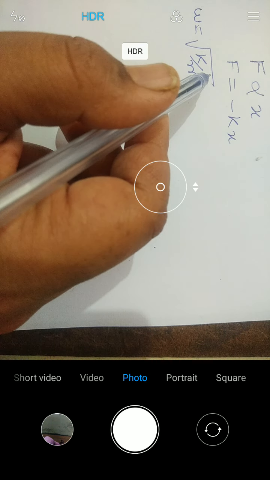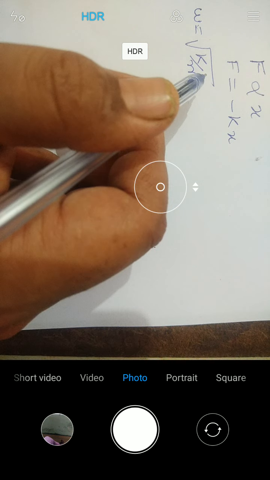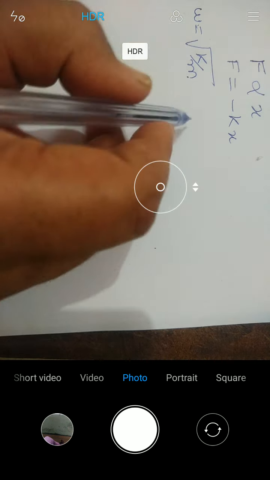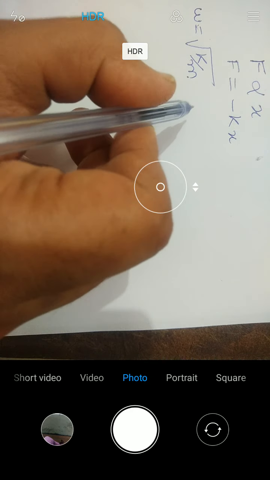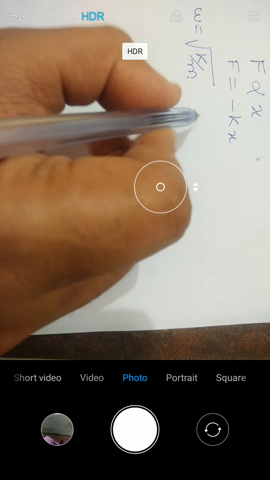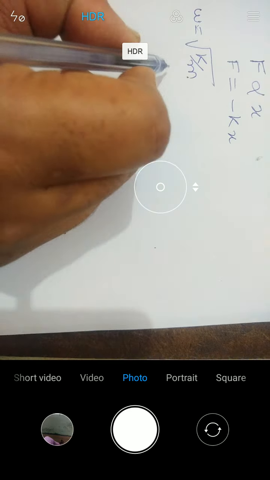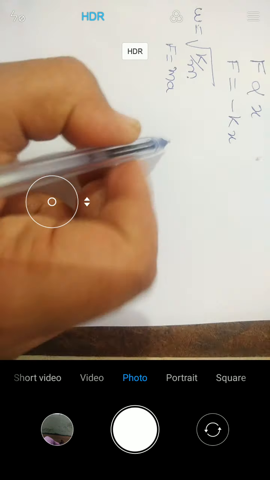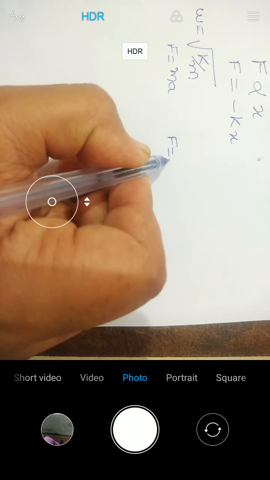If the force that accelerates the particle is equal to the restoring force, then the force accelerating the particle is F equal to ma, and the restoring force is F equal to minus ky.